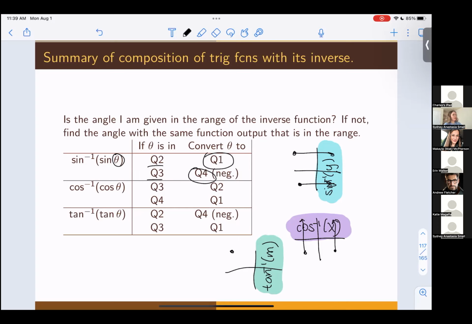But quadrant 4 has a negative slope because we're looking at a negative y value over a positive x value. So angles in quadrant 2 are going to get converted to quadrant 4. And then angles in quadrant 3 have a positive tangent because we're looking at a negative x and a negative y value. So those get converted to angles in our allowed range with a positive tangent, which is in quadrant 1.